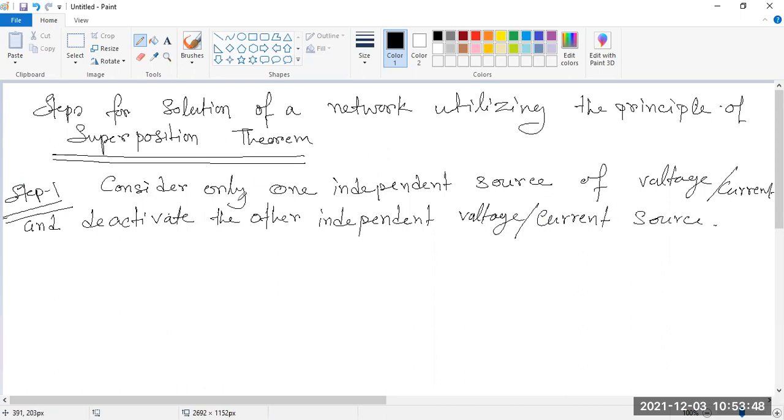Step one: consider only one independent source of voltage or current and deactivate the other independent voltage or current sources.